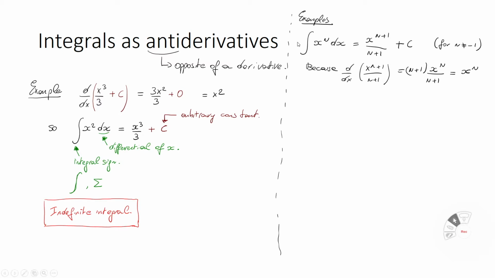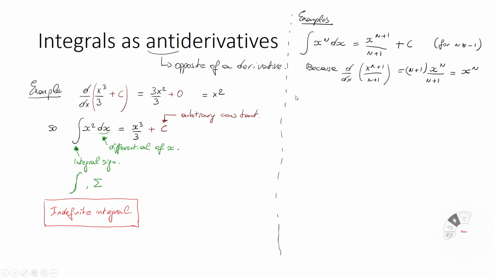So at this point in time, if we want to compute an integral, we sort of have to guess what function the derivative is going to give us. What we will see in the remainder of the course is many different ways of computing integrals.